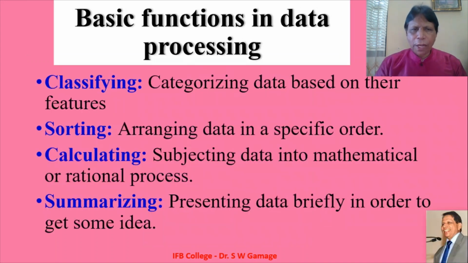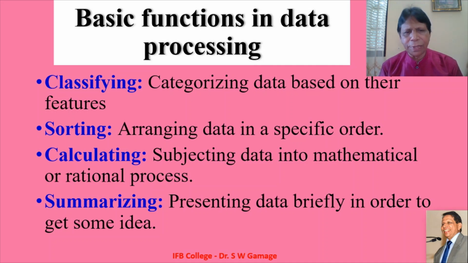Now when we go to the basic functions of data processing, when we convert data into information, we do data processing. First, when we get the data, we categorize it, that is classifying. Then we arrange this data in a specific order, that is sorting.